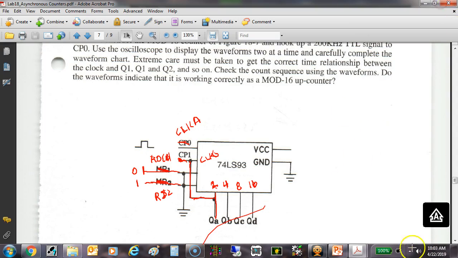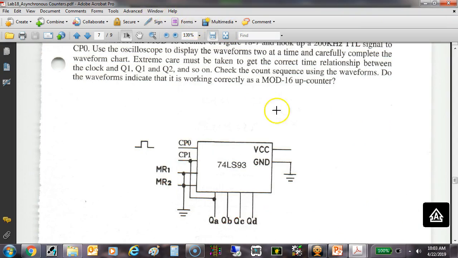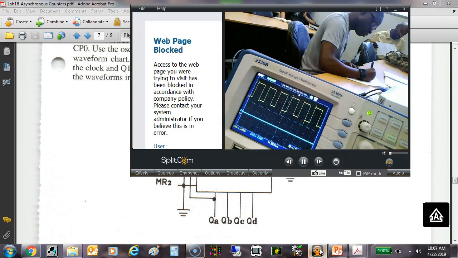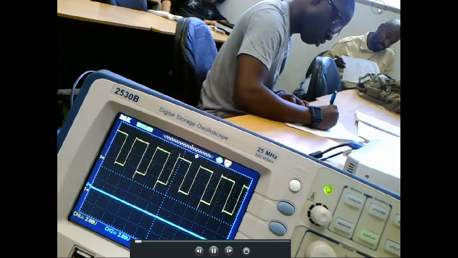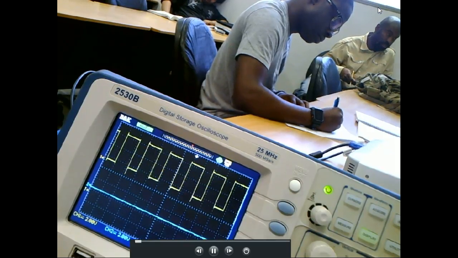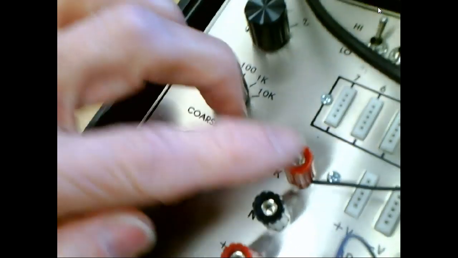So here's the circuit. It's not much different. All I've done is taken the input and connected it up to a 10 kilohertz clock. I have it connected to the clock output of the trainer now.